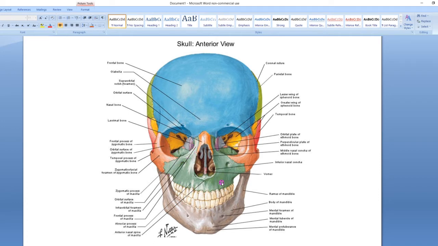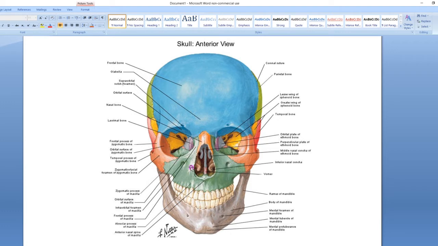So this green bone that makes up the front of our skull is the maxilla. You actually have 2. You have a left and a right, but you don't have to worry about that. It's split into a left side and a right side. Just know the maxilla.